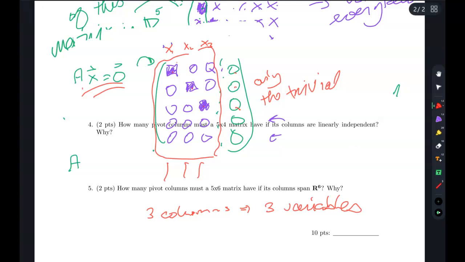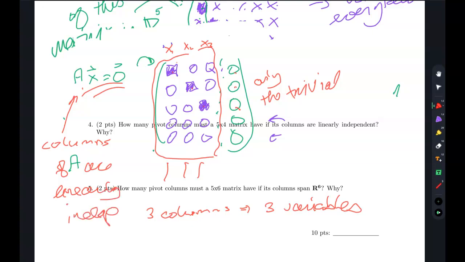And so that would mean the columns of A are linearly independent because I have a pivot in every column. This would be a situation if you were just looking at the regular number of equations and number of unknowns.